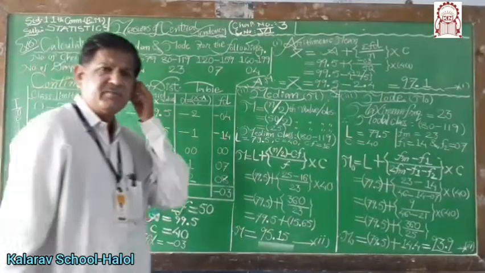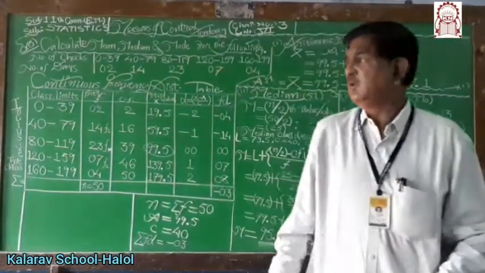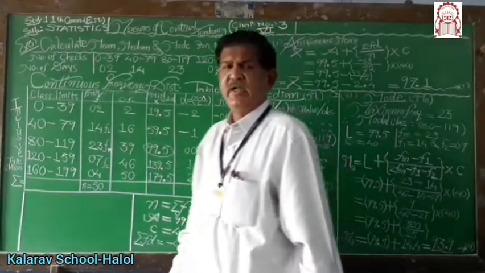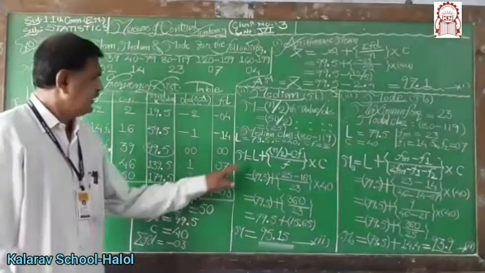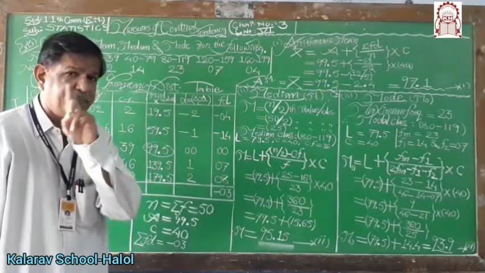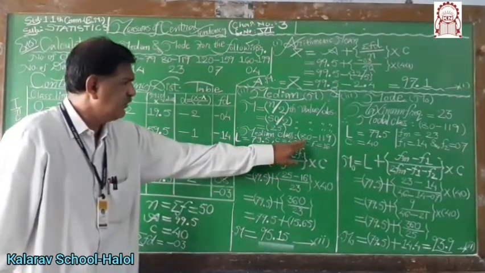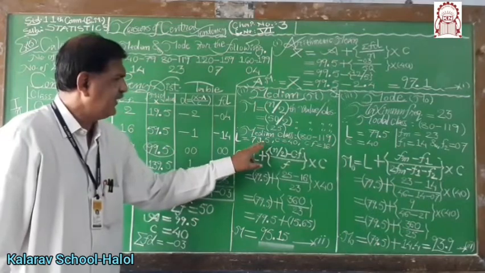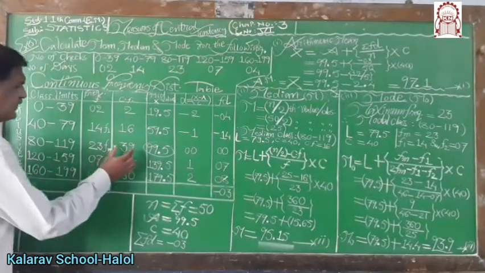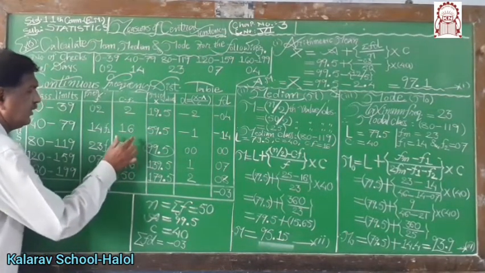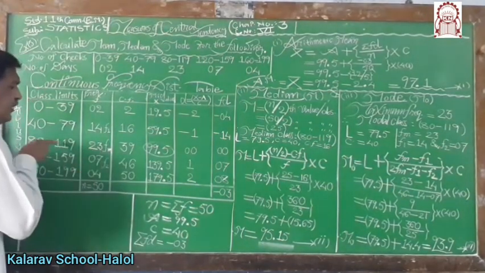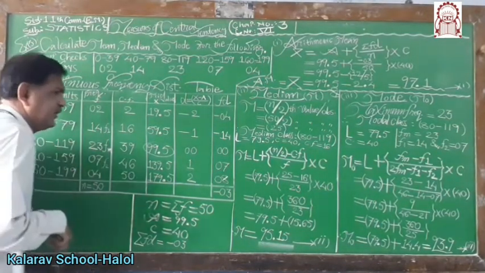Now what is the difference between the last lecture and this lecture? These are inclusive type of classes, and therefore this value of L is the lower limit point, not the lower limit. So subtract 0.5 from this value: 80 minus 0.5 becomes 79.5. C, class interval, is 40. CF is 16, the cumulative frequency of the previous class, and the frequency of the median class is 23.